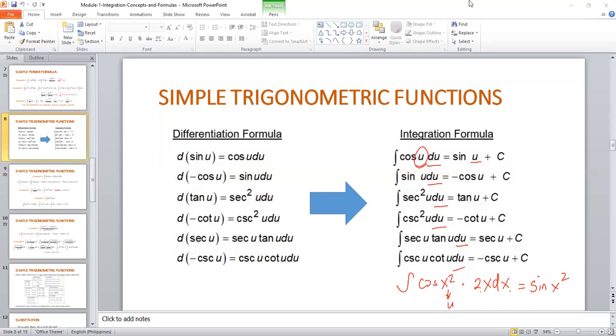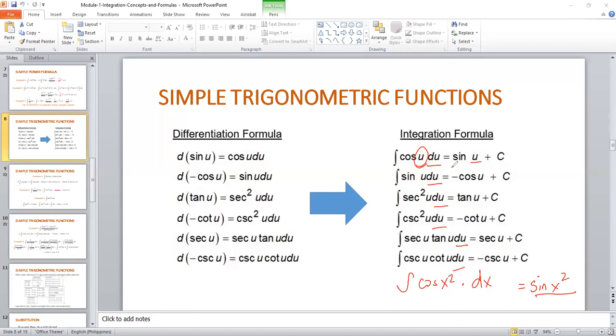What will happen, Miss Ali, if I don't have this? For example, I only have cosine of x squared dx. Can I still answer sine x squared? The answer is no, a big no. Why? Because your cosine u multiplied to the derivative of the u will give you the sine of u.